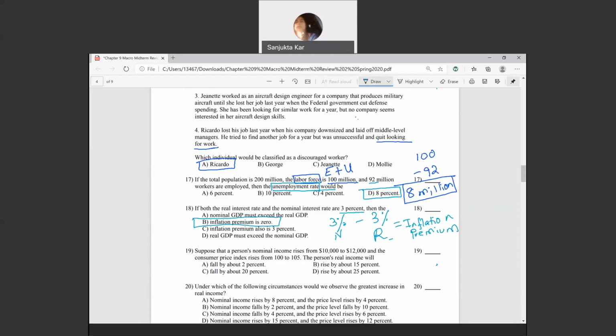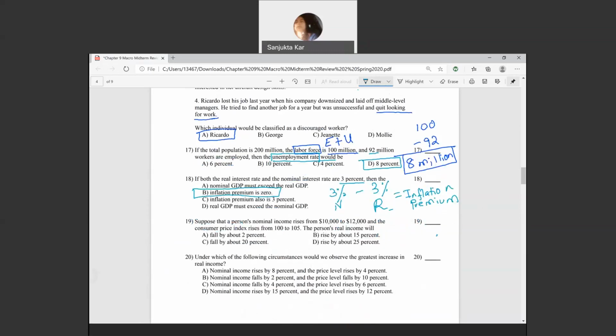Already moving on to question number 19, which is a little bit tricky. Not a lot, but just a little bit tricky. All right, it's telling us a person's nominal income increases from 10,000 to 12,000, and the consumer price index increases from 100 to 105. What happens to this person's real income?